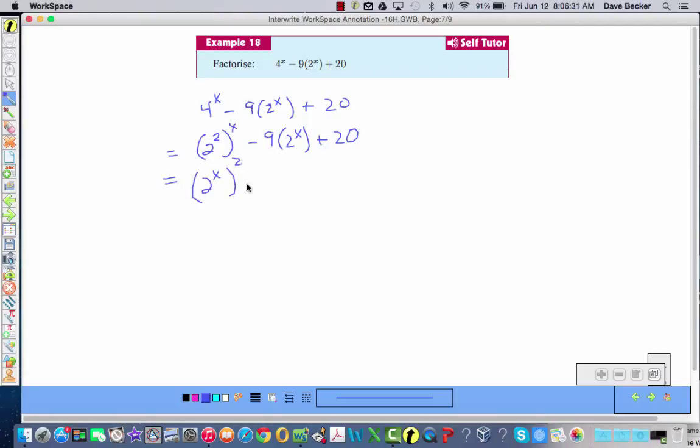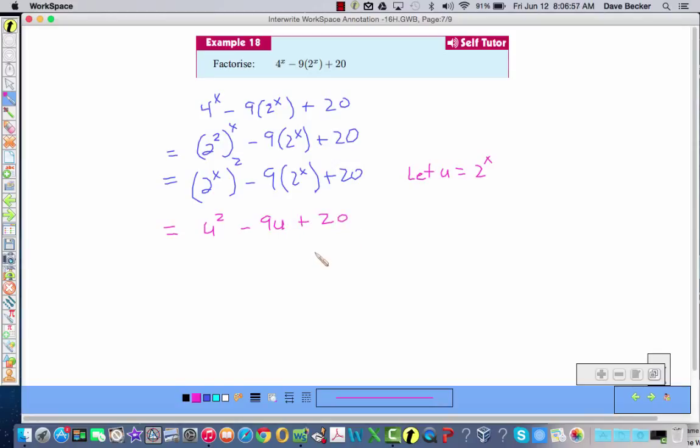So I have 2 to the x as my subject. Another nice strategy is you can let u equal 2 to the x. We'll put that in our back pocket for a second, and all of a sudden this becomes very manageable.